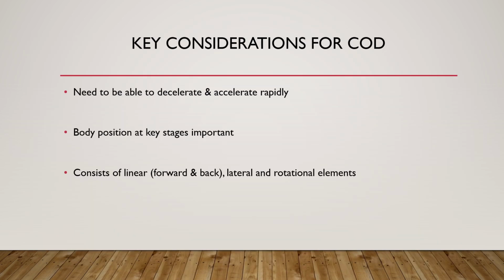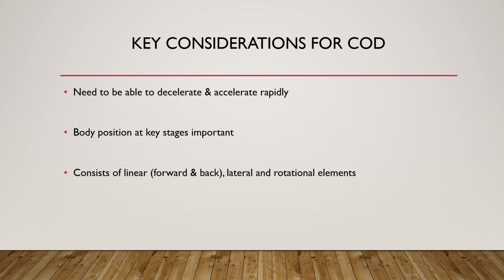And so just to finish off, there are obviously some key considerations or take-home messages that we need to think about when it comes to change of direction and agility. And so in order to be able to change direction effectively, the individual needs to be able to decelerate rapidly and with control, as well as being able to accelerate rapidly out of any change of direction.